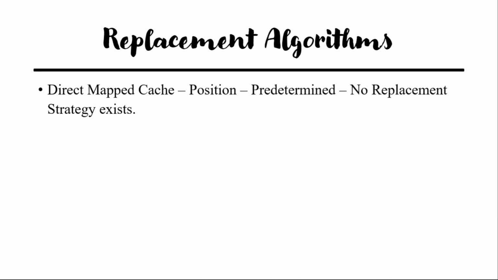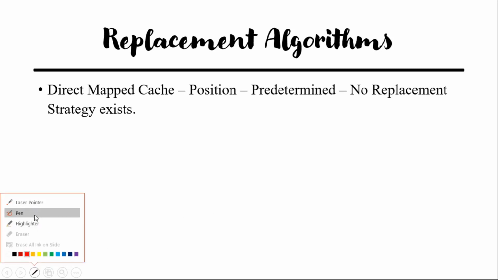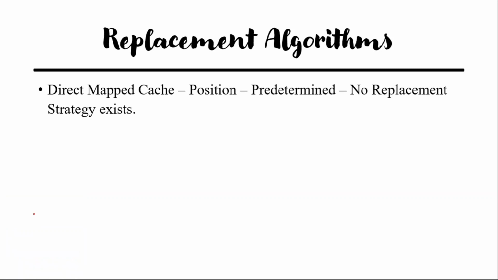Coming to direct mapped cache. If you are using direct mapped cache, which block of the main memory should occupy which block of the cache memory is predetermined.